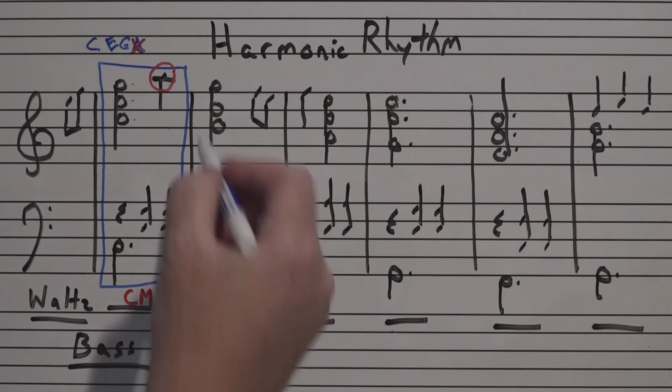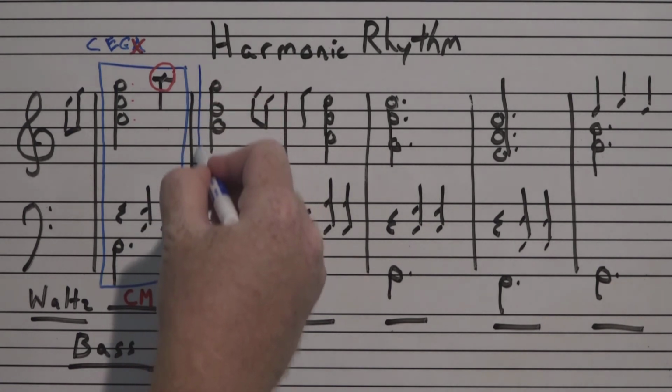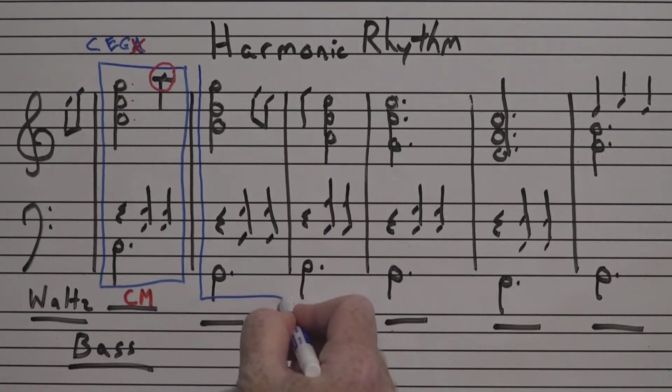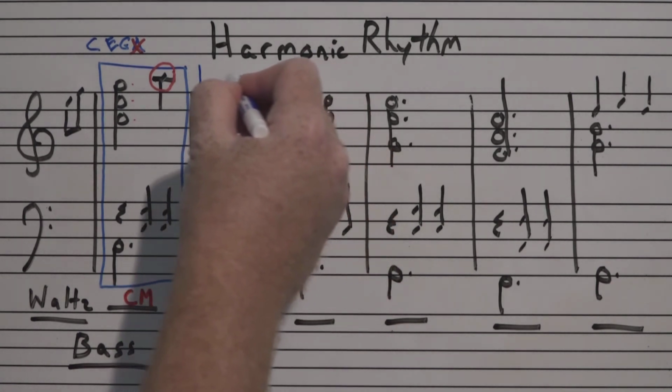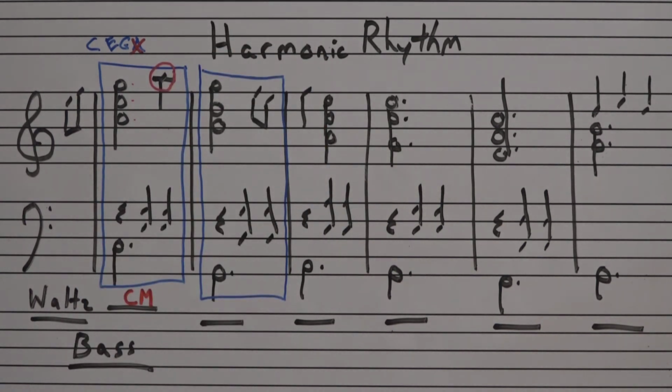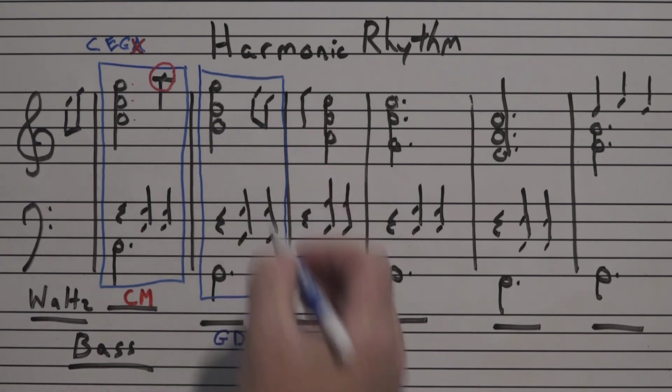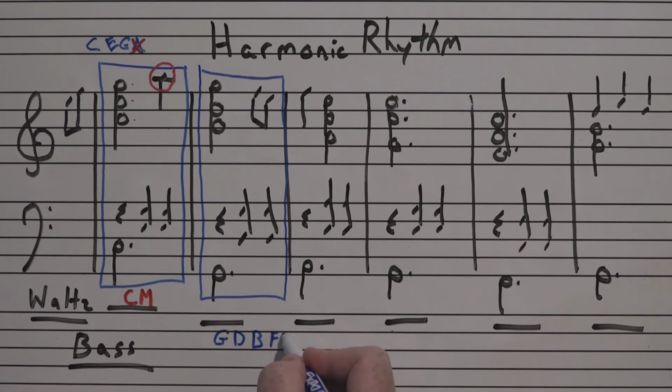The harmony changes in the next measure. So again, let's take a pitch inventory. We have a G, we have a D, there's another G, we have a B, we have an F and an E. But again, notice the G is definitely going to be important.